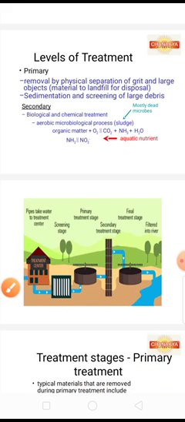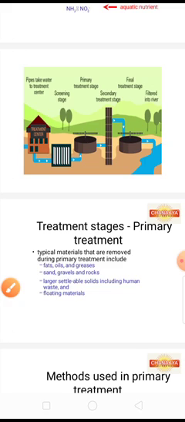Now I'll go quickly through the primary treatment we are doing. At the primary treatment level, we remove fat, oil, grease, sand, gravel, rocks, large settleable solids including human waste, and floating materials.